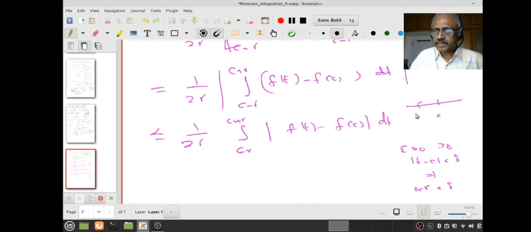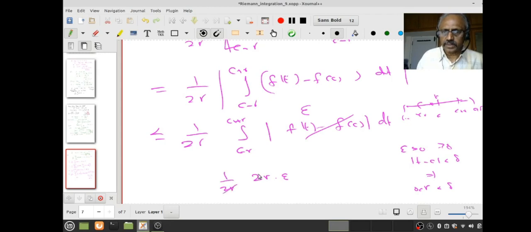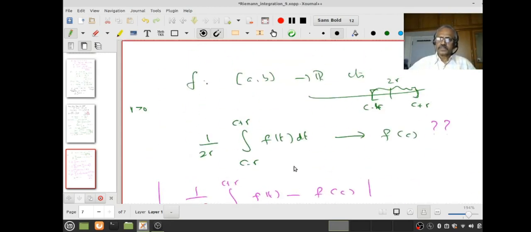This is c minus r, c plus r, this is c plus delta, c minus delta. Therefore the distance between t and c will be less than r, which is less than delta. You understand that? Therefore this will be less than epsilon. But then constant, this will give me 2r times epsilon, and multiplying by 1 by 2r, equal to epsilon. So we have proved this.